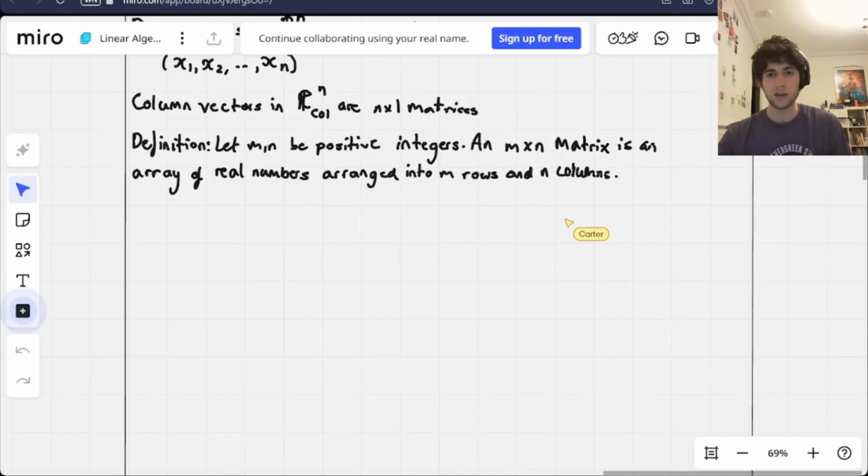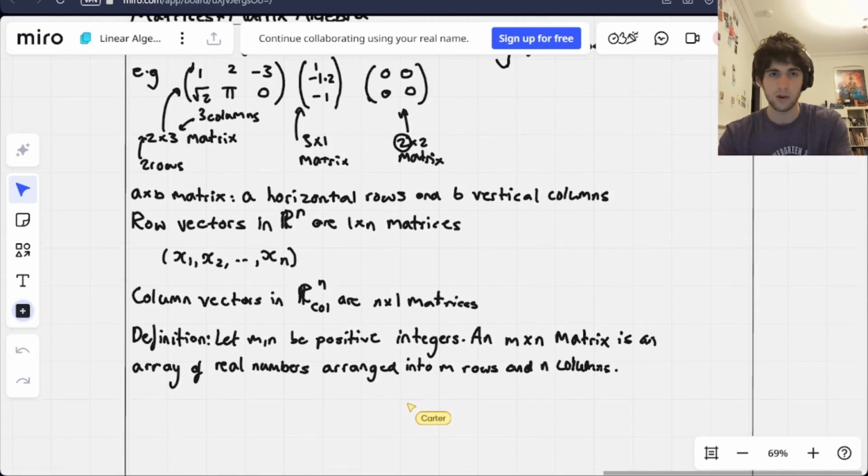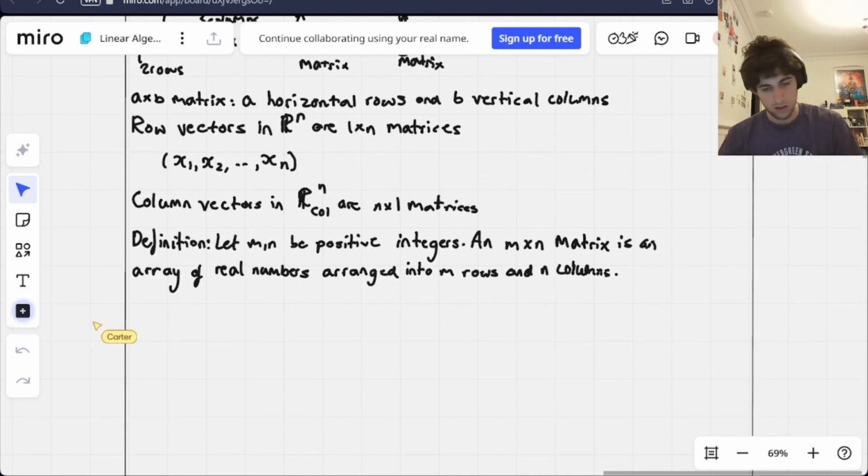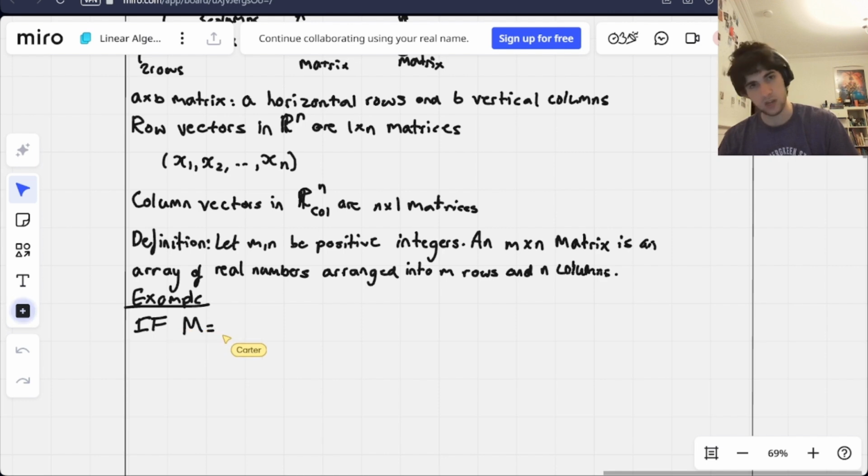Okay, so if we look at some of the matrices that I displayed earlier on, and we try to identify the rows and columns, then as an example, if my matrix M is that first one from the example before, which was 1, the square root of 2, 2 pi minus 3, 0, right?